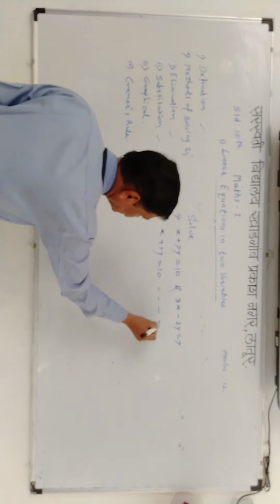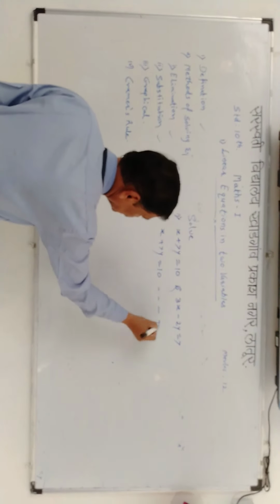Multiply the first equation by 3. Observe keenly. The coefficient of x in the first equation is 1, and the coefficient of x in the second equation is 3. So we have to equalize it.